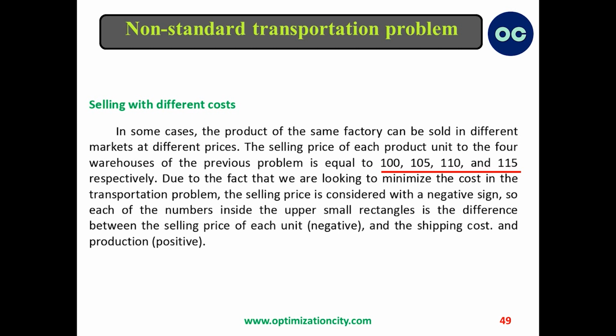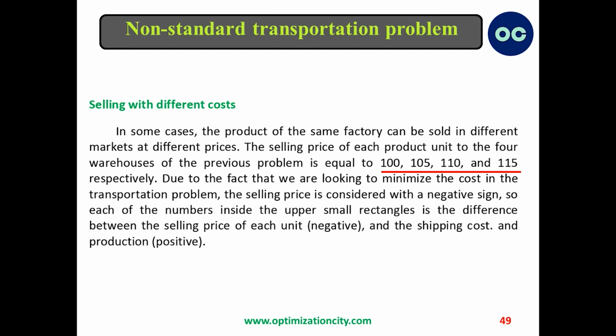This means that the number inside this small upper-bound rectangle represents the difference between the negative selling price per unit and the combined shipping and production costs. By considering this value, we can accurately assess the impact of selling price on the overall cost.